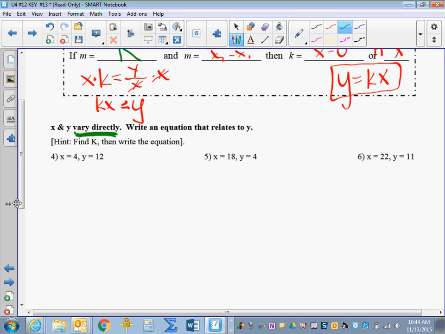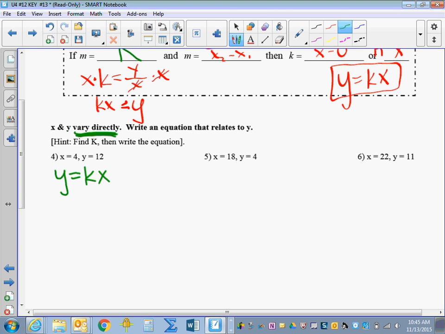Write an equation that relates x and y. So when it says write the equation, let's start off with our original: y equals k times x. Now they give us some numbers. What do you think we're going to do with those numbers? Put them in.